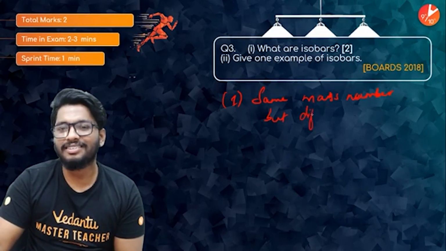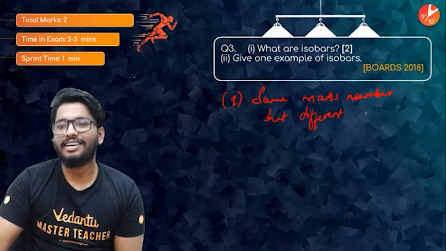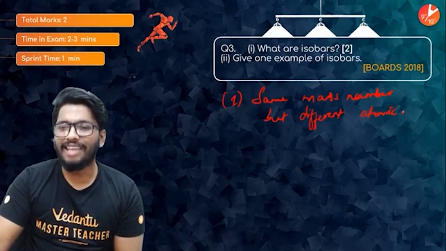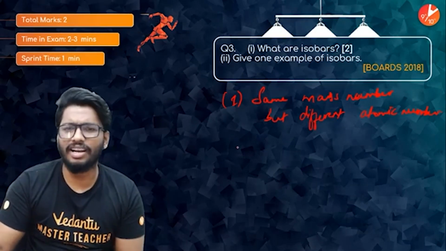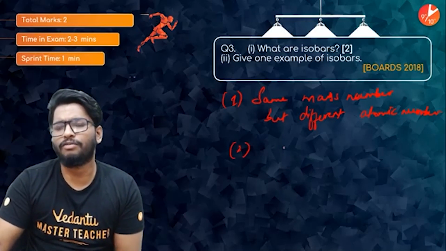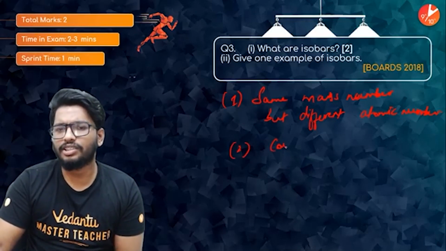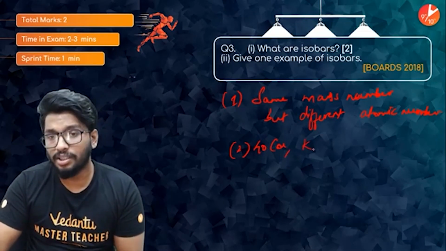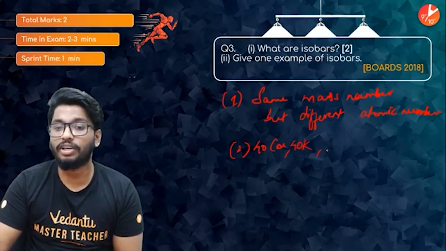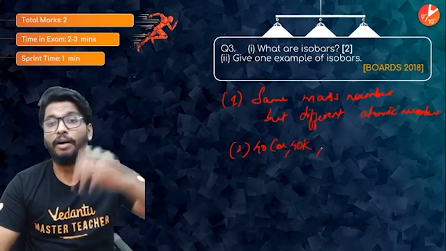You can give several examples. For example, you can give the example of calcium. Calcium's atomic mass is 40. The same goes for potassium as well. Potassium's atomic mass is also 40. You can also give the example of argon.